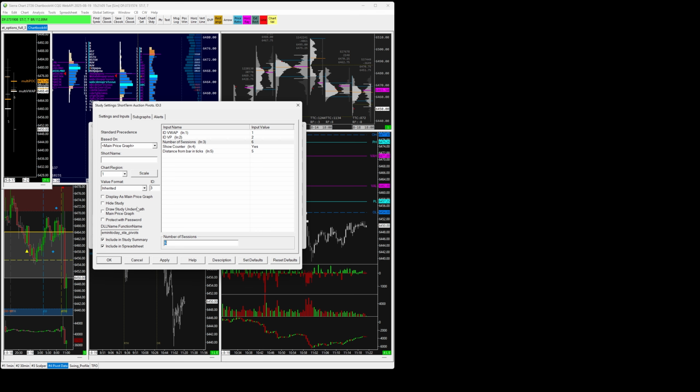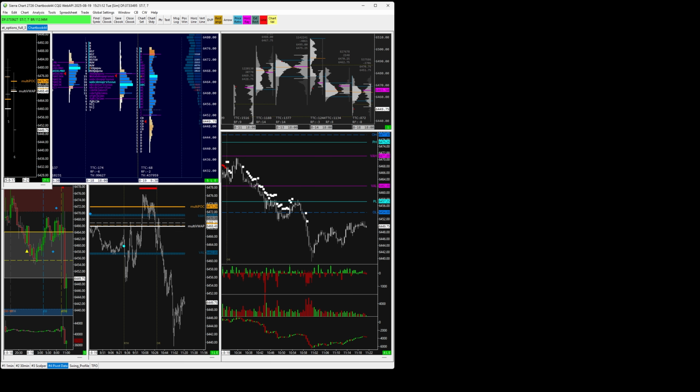But what this number is showing us is how many sessions we should combine on this volume profile chart.